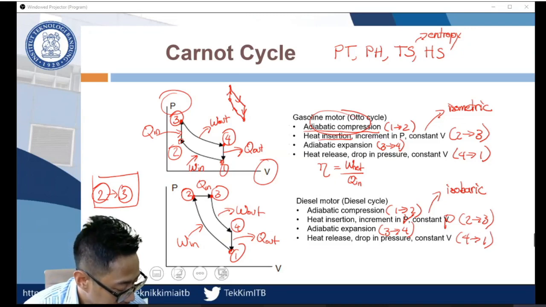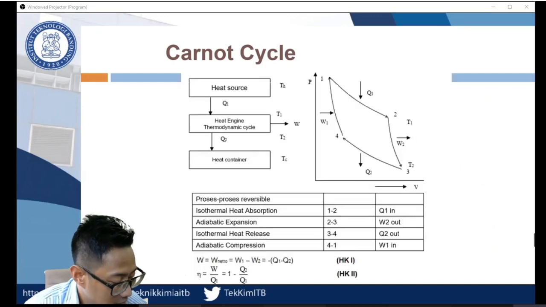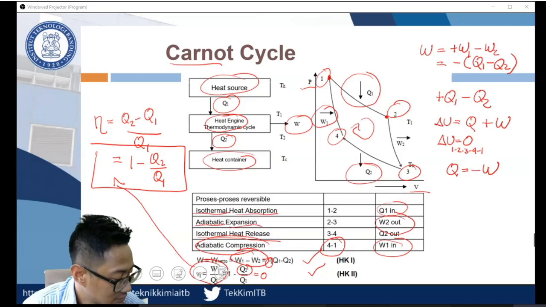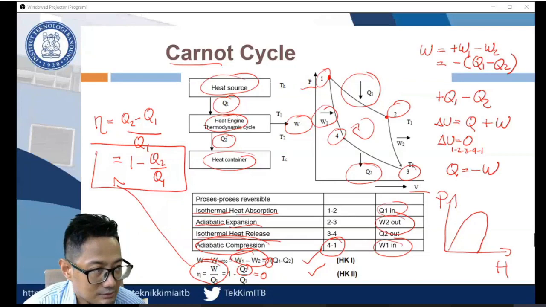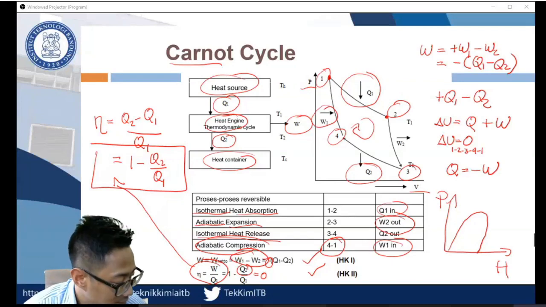Okay, for example, like Pak Sanggono mentioned in the last class, remember the pH diagram, pressure and enthalpy diagram, with the dome like this for water and methane and also propane.